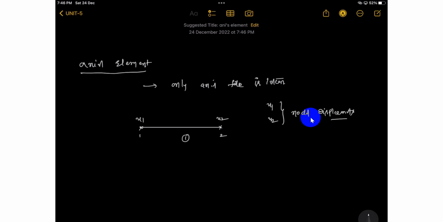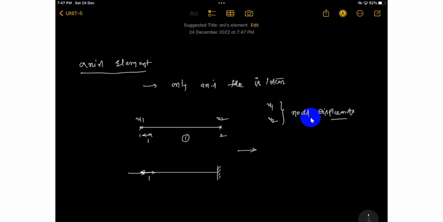Give a unit displacement at location 1. Don't allow displacement in the second direction, just arrest it. Give a unit displacement in the direction of 1, towards the right.